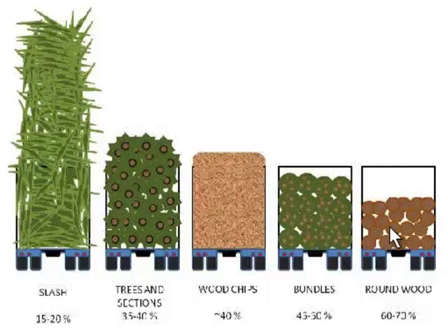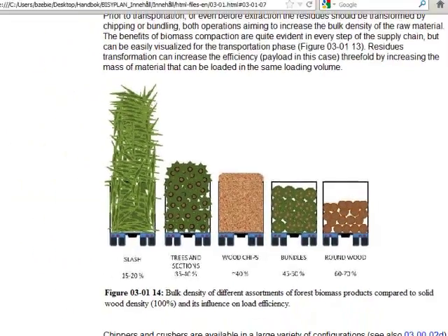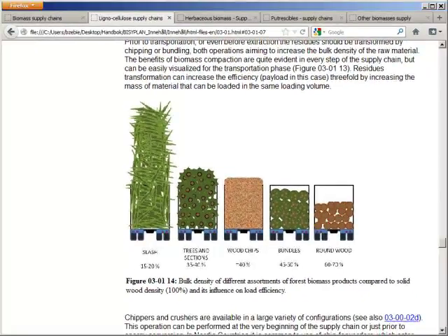And you will realize that when you want to transport the slash, then you will need several cars to carry it, whereas if you could compact it into bundles, then you could do the same thing with only one car. So the handling of the material and the unit operations, compaction, comminution, fragmenting, will affect the transport economy radically.